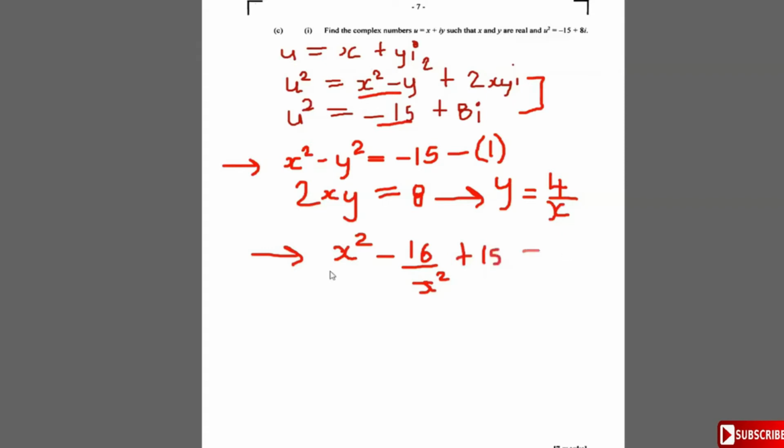Now, this equation is going to be complex to solve. So I'm going to multiply through by x squared.